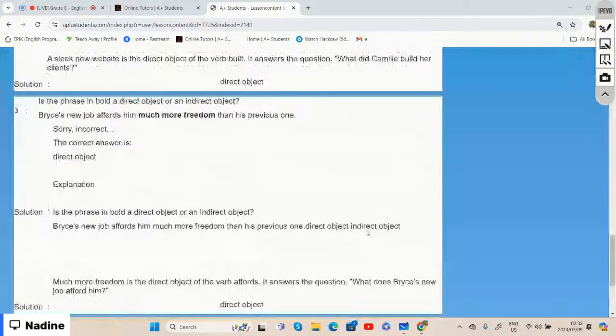All right. The next one says we need to say is the phrase in bold a direct object or an indirect object.